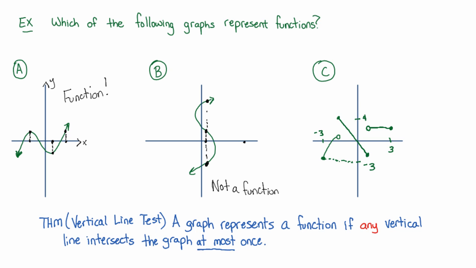The vertical line test states that a graph represents a function if any vertical line intersects the graph at most once. So in other words, any vertical line that I draw, and I could draw 1,000 of them if I wanted to, but every single one of those that I choose to draw has to hit the graph at most once. You can see every single vertical line that I'm drawing here is hitting that green curve once.